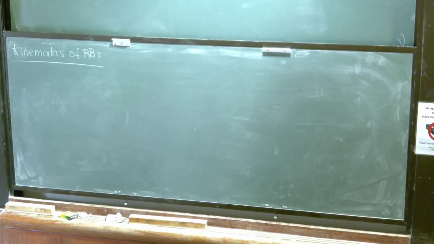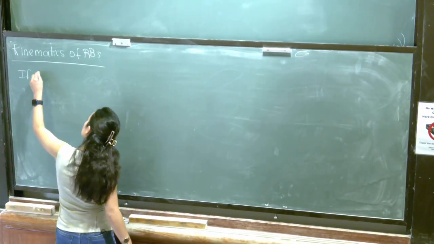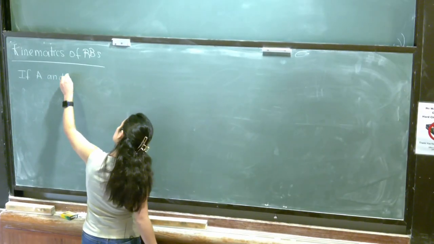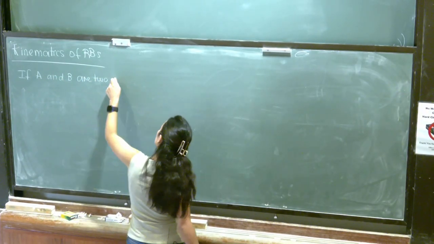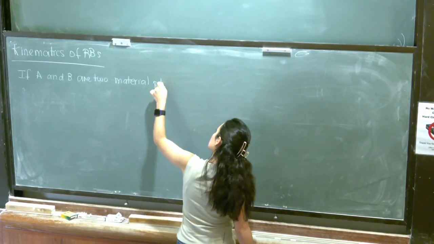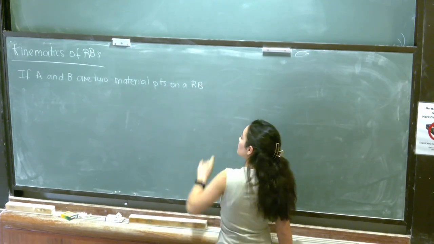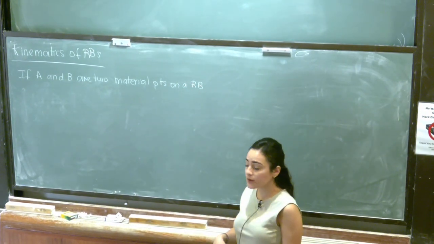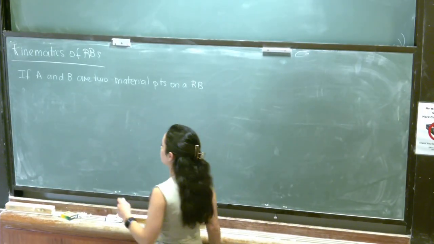Okay, so if A and B are two material points on a rigid body, then we know we can relate their velocity and their acceleration.